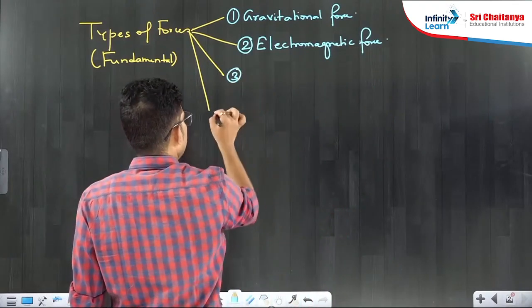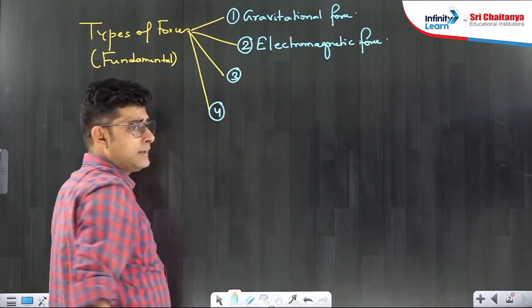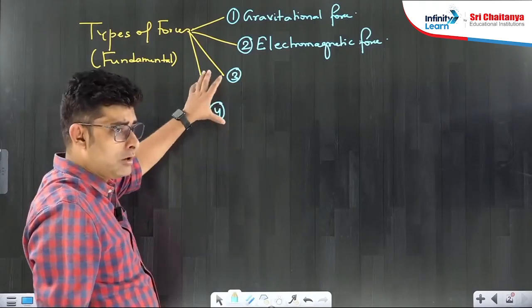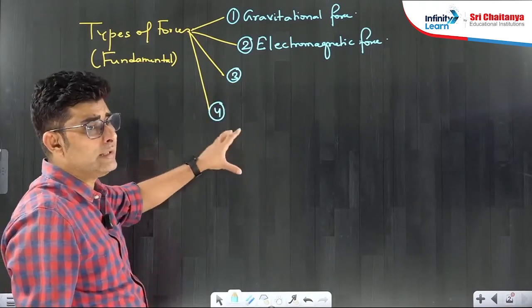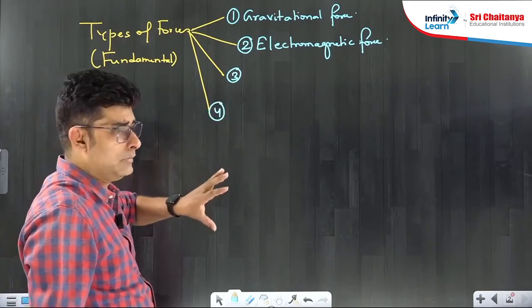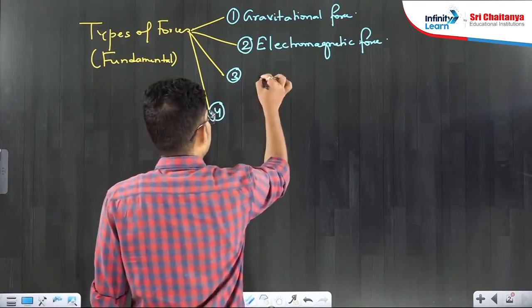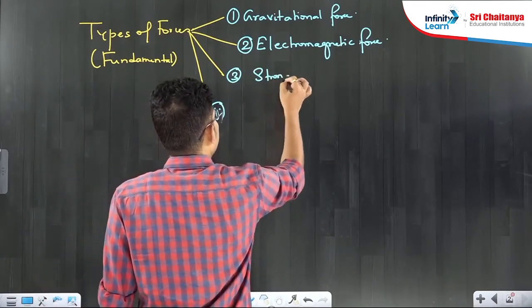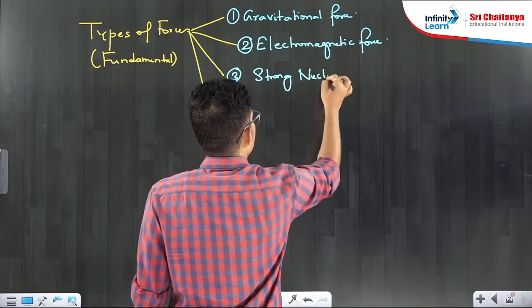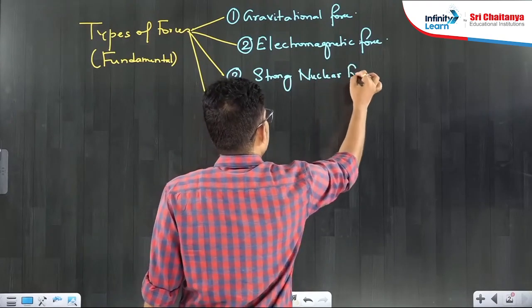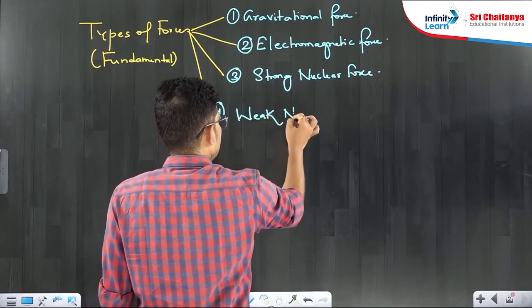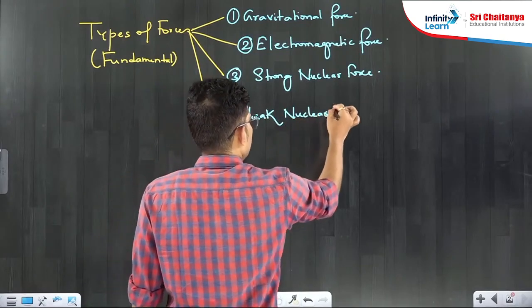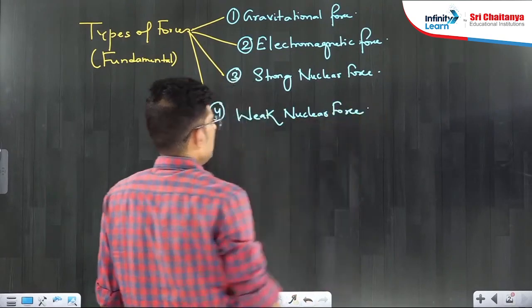Third one and fourth one are forces acting only in a certain region which we call the nucleus of an atom. These are strong and weak nuclear force.